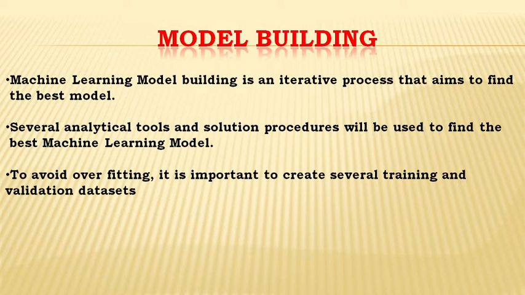To avoid overfitting, it is important to create several training and validation sets. We need to train our model and then validate it, up to when we get the best model.